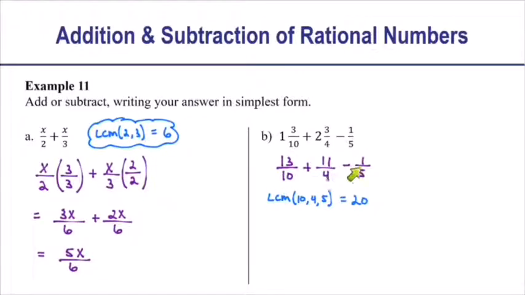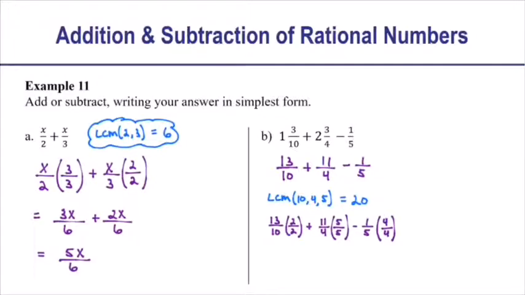So we will need to convert each of these to a fraction that has a denominator of 20. What do I have to multiply by 10 to get 20? Well, I have to multiply by 2. So 13/10 becomes 13/10 times 2 over 2. 11/4 will need to be 11/4 times 5 over 5. And 1/5 will need to be 1/5 times 4 over 4.